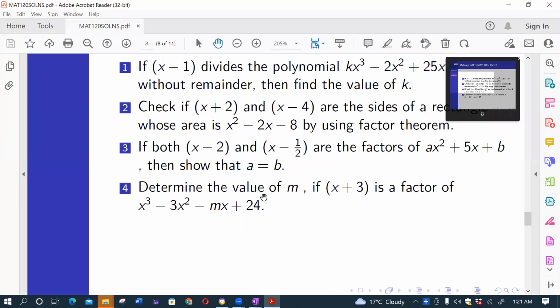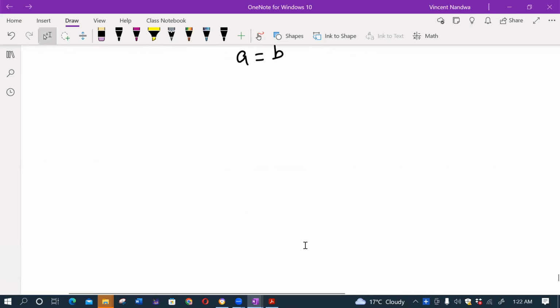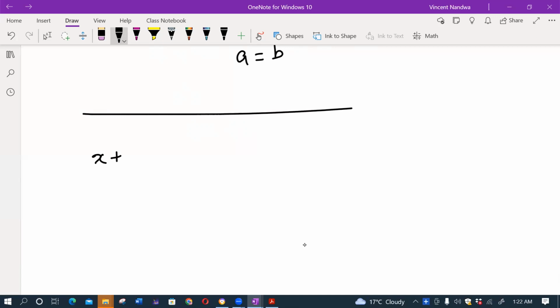And lastly, determine the value of m if x plus 3 is a factor of the given cubic equation. So still factor theorem, so let p of x be given by x cubed minus 3x squared minus mx plus 24.